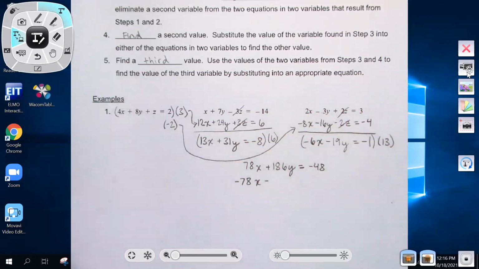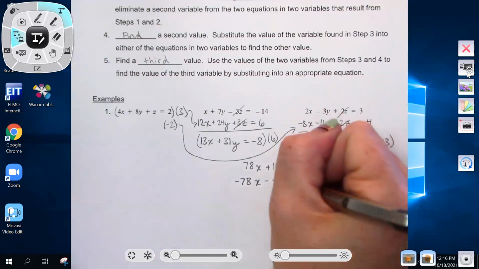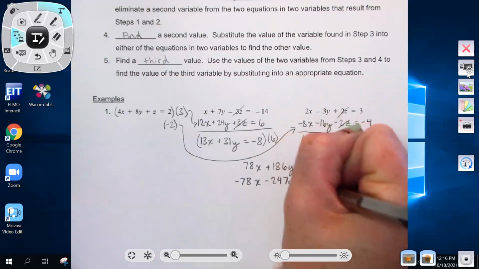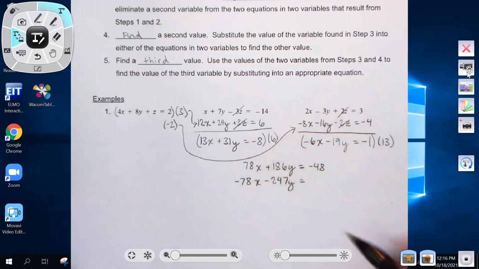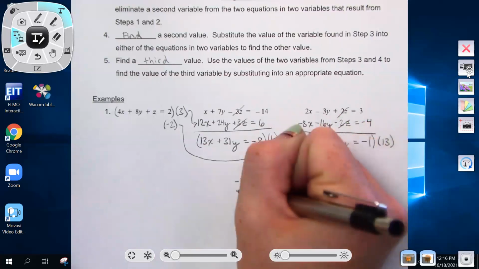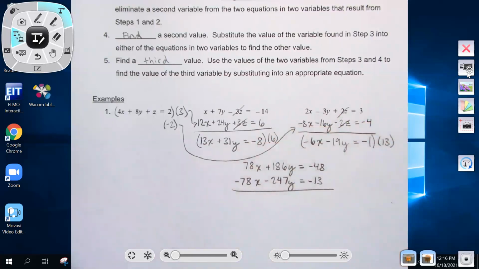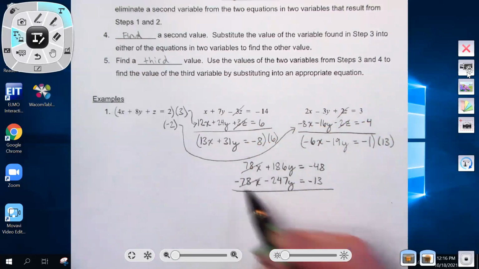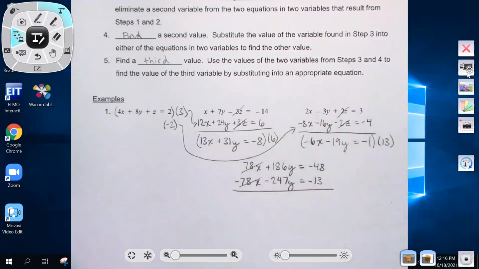-19 times 13 is -247. And -1 times 13 is -13. So now the 78x and the -78x cancel.